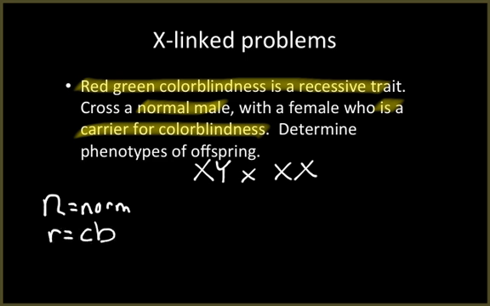All right? So we have a normal male. So is that going to be big R or little r? It's going to be big R, right? And we have a carrier female. Carrier, remember, to carry it, we just need to have one. So when we have our carriers, we just have the heterozygous individual. Okay?